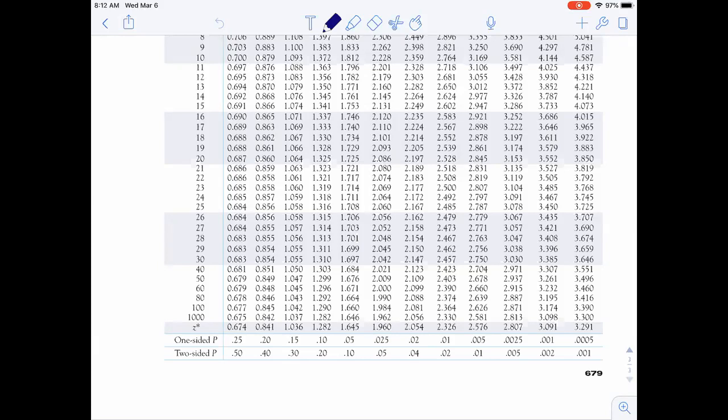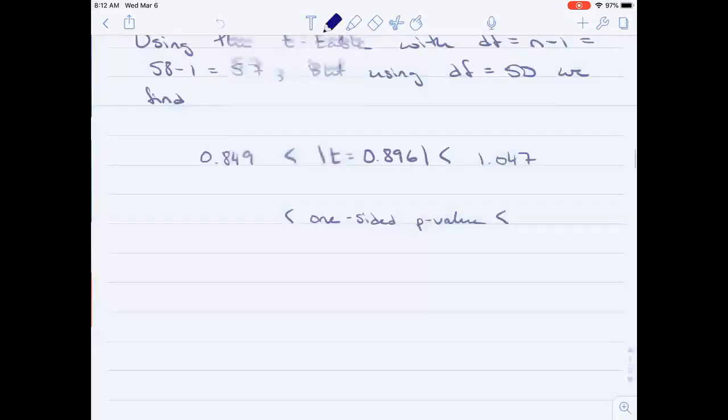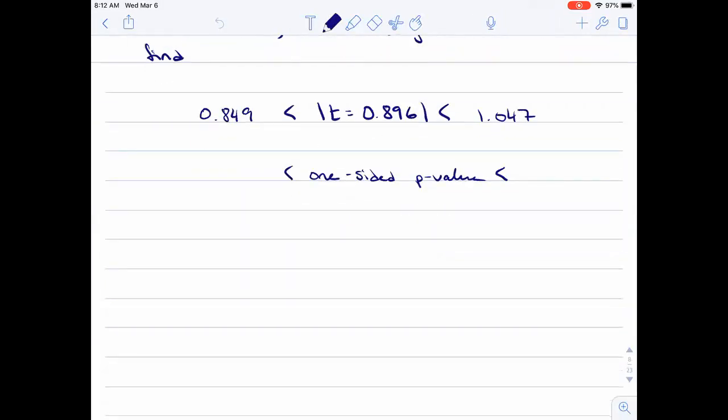That's the only switcheroo we have to do, but as long as you keep that in mind, you're okay. So our one-sided p-value is between 0.15 and 0.20.